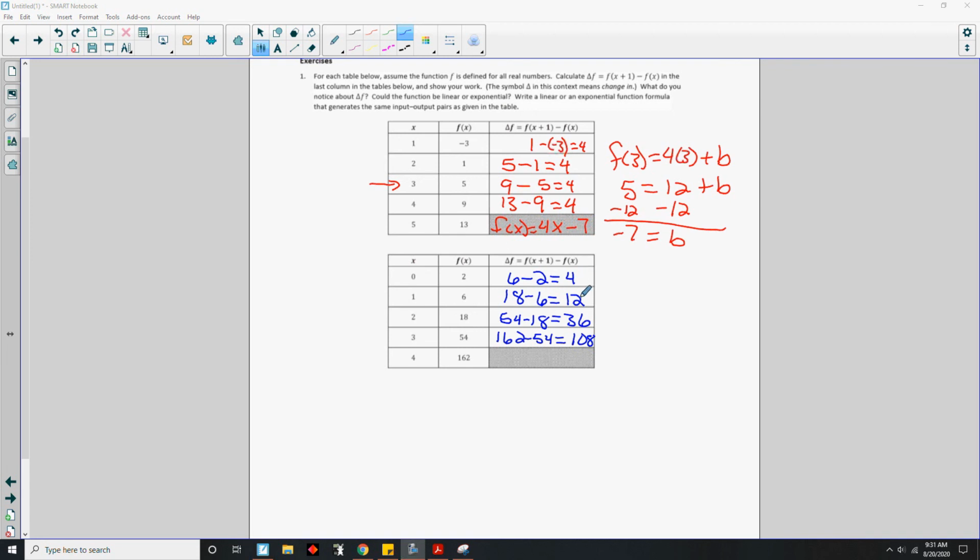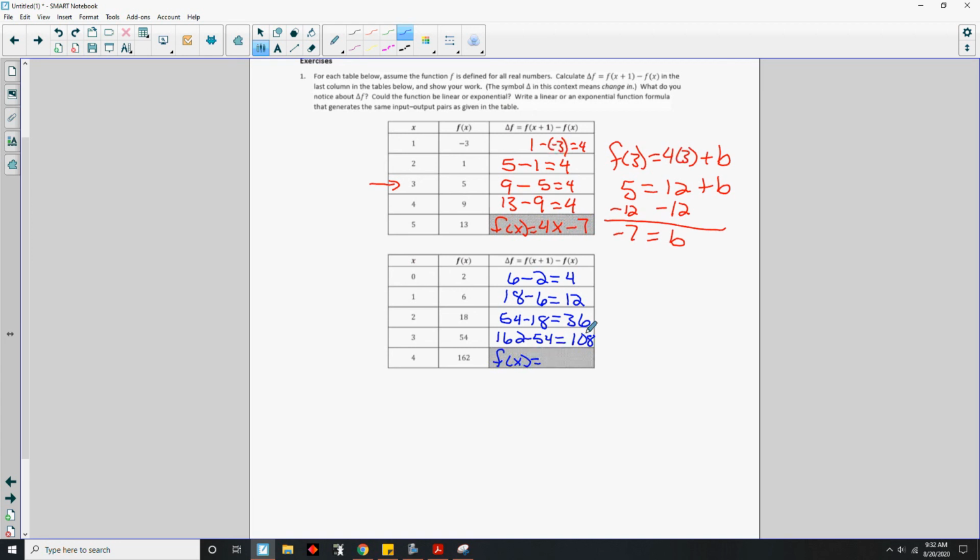Okay, so as you can see, our rate of change is not the same as up here, 4, 4, 4, 4. That is a constant rate of change, and linear functions are constant. This is exponentially growing. It went from 4 to 12 to 36 to 108. So this is an exponential function, so I would say f of x equals, and remember what a is, our y-intercept.